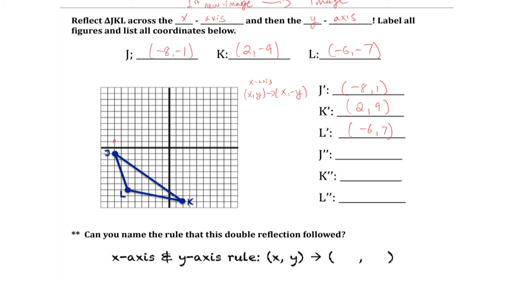J prime is here, because we went over the x-axis. L prime is (-6, 7). And K prime should be right here, because it's (2, 9).